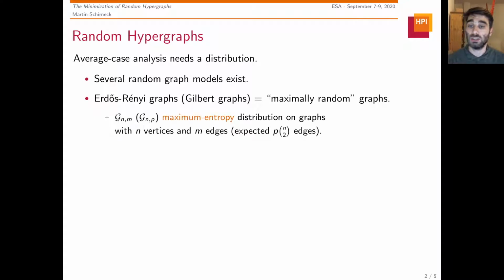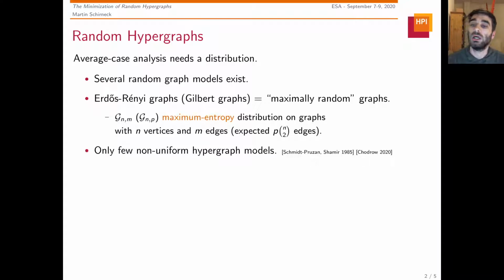In other words, the Erdős–Rényi graphs are the maximum entropy distribution on graphs with n vertices and m edges. And the same is true for Gilbert graphs for an expected number of edges. You want this maximum entropy because you only specify those graph parameters you need and exclude any outside bias for the rest. So you really want that.